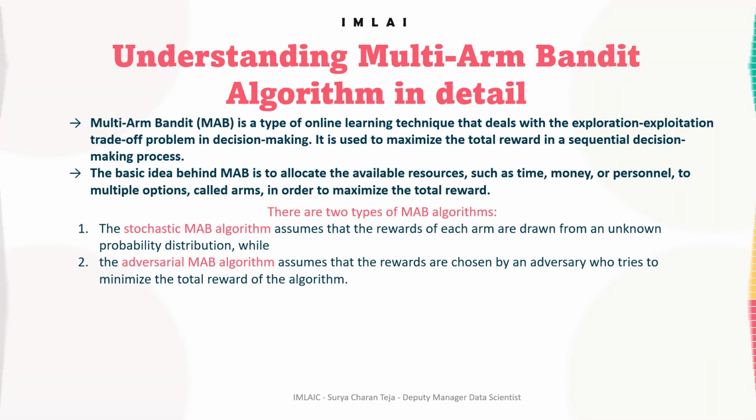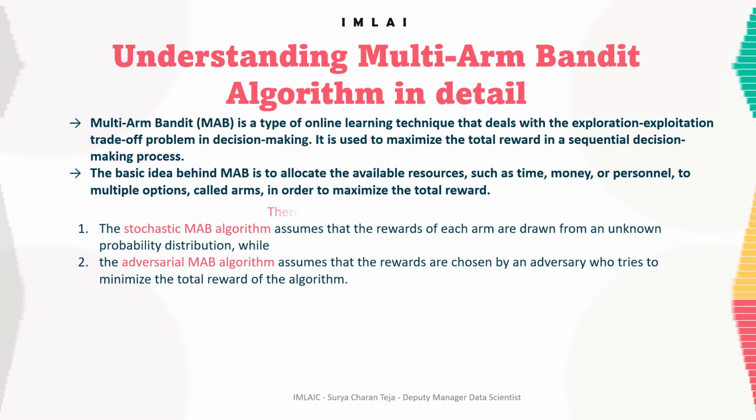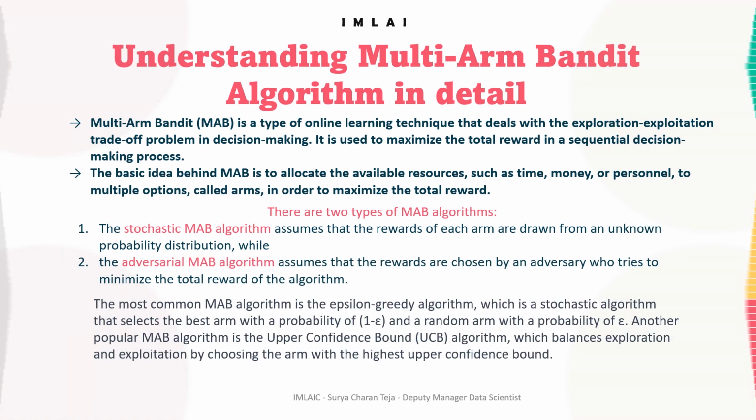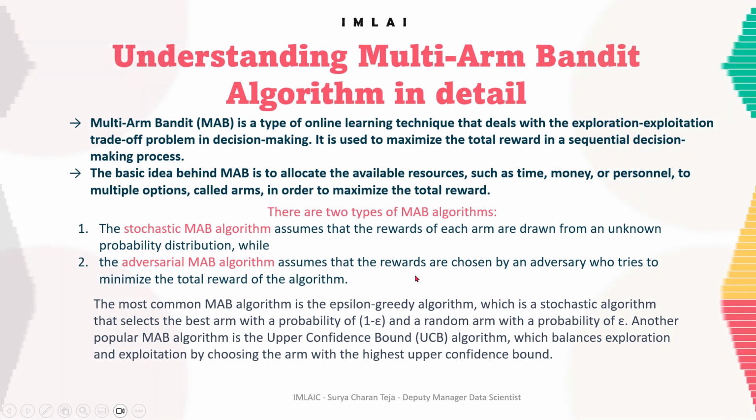The most common MAB algorithm is the epsilon greedy algorithm, which is a stochastic algorithm, so it depends upon probability. It selects the best arm with a probability of 1 minus epsilon, and a random arm with a probability of epsilon.